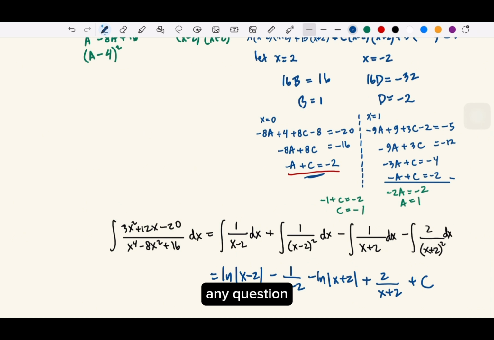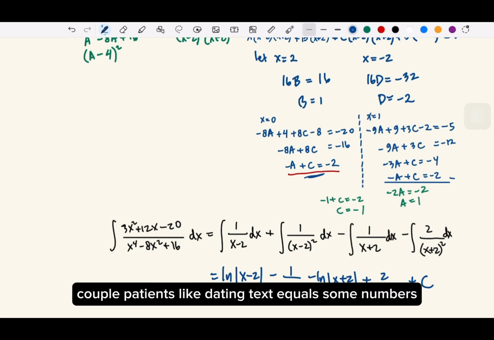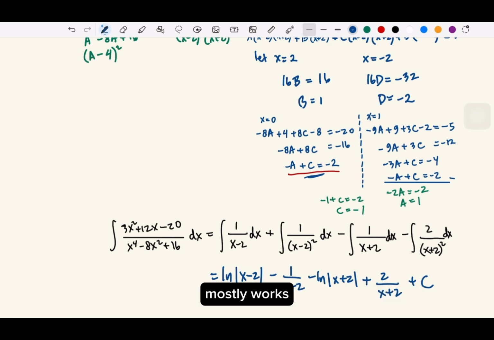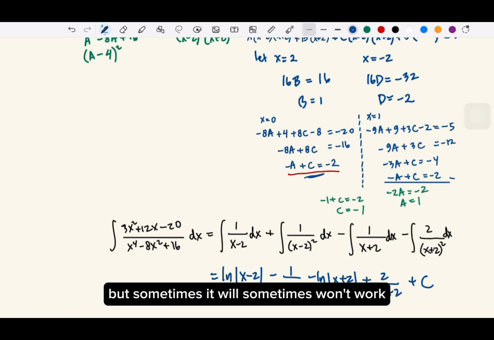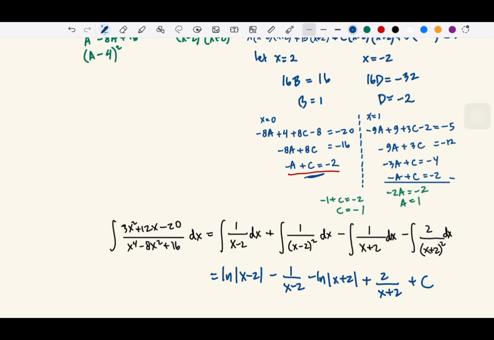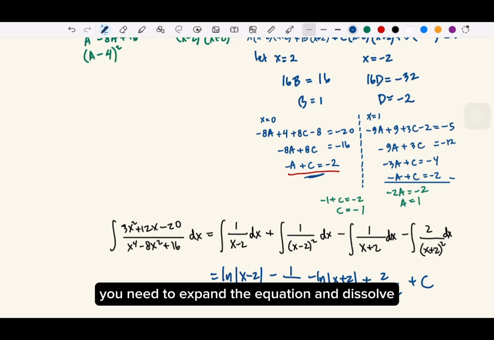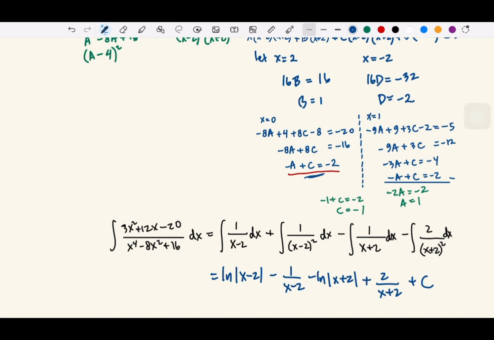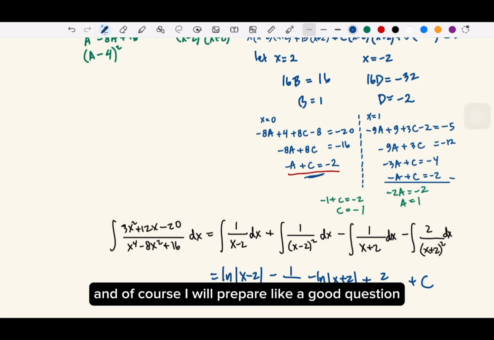Okay, any question? Well, this computation, like taking x equals some numbers, mostly works, but sometimes it won't work. When it does happen, you need to expand the equation and just solve it. And of course, I will prepare a good question.